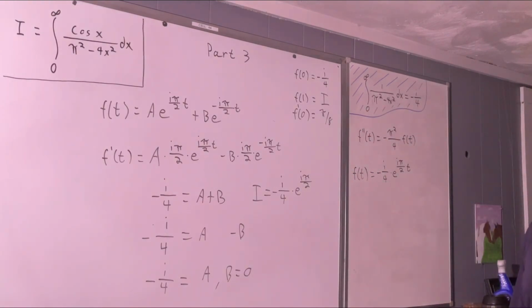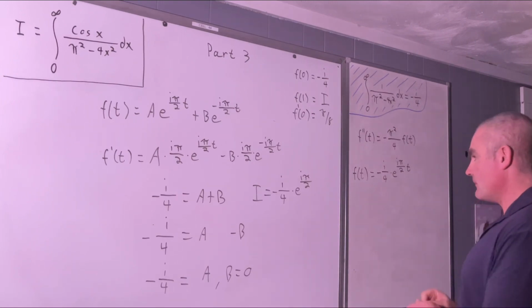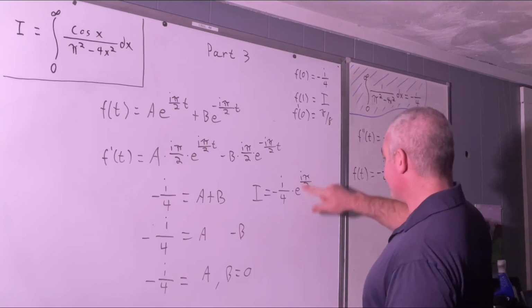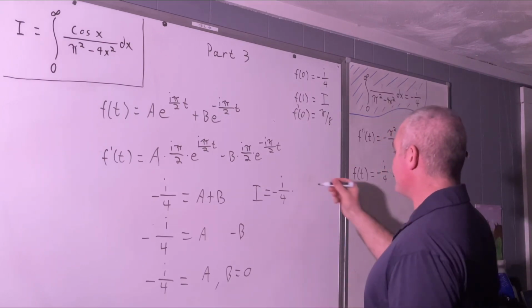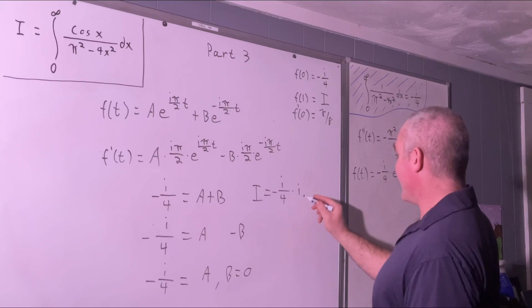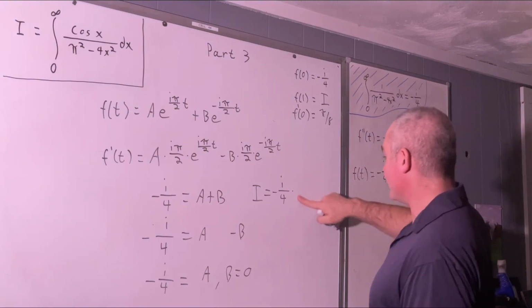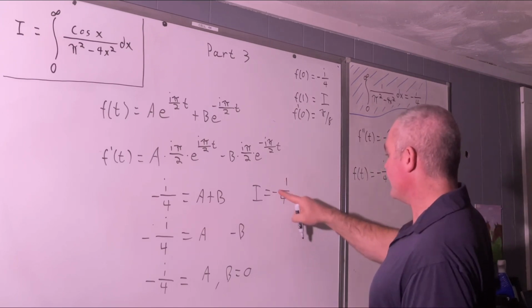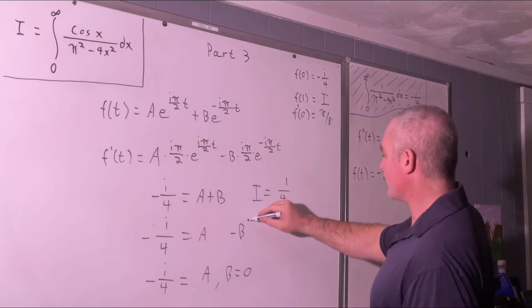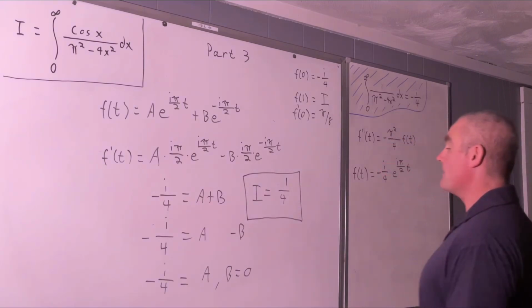That is simply the complex exponential form of i. So this e to the i pi over 2 is simply i times i. This i combines with this i, multiplies it to produce a negative 1. So we get a negative 1. This negative cancels with that negative, and we are left with I being equal to 1/4.